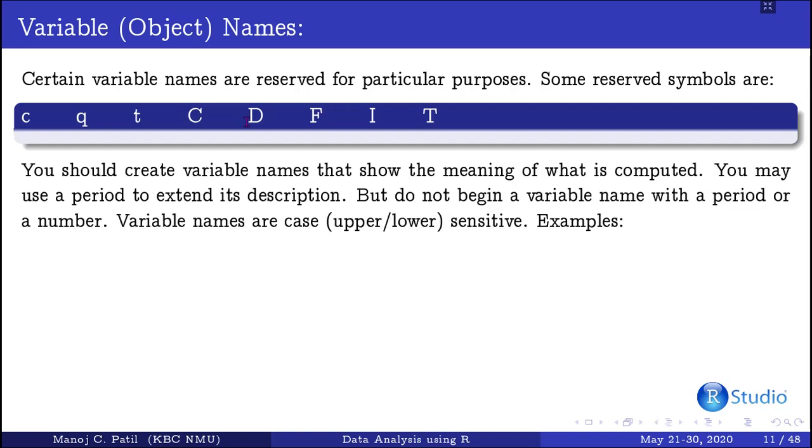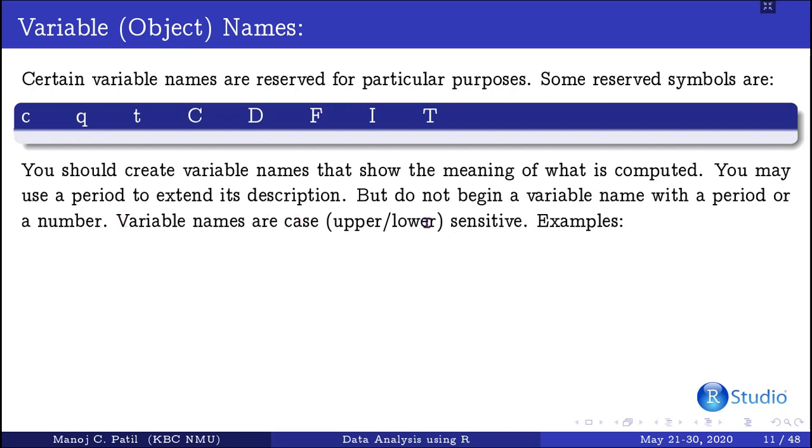You should create a variable name that shows the meaning of what is computed. You may use a period, that is a dot, to extend its description. For example, if you want to calculate the mean of a sample, you can name it mean.sample or sample.mean, whatever. But do not begin a variable name with a period or a number.